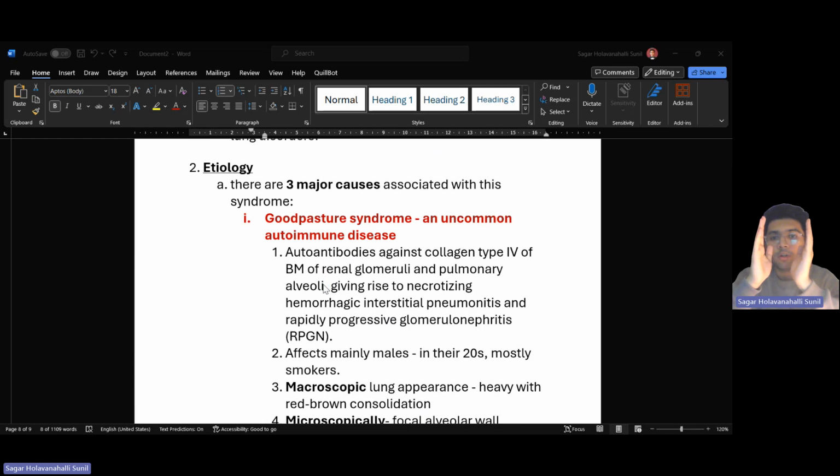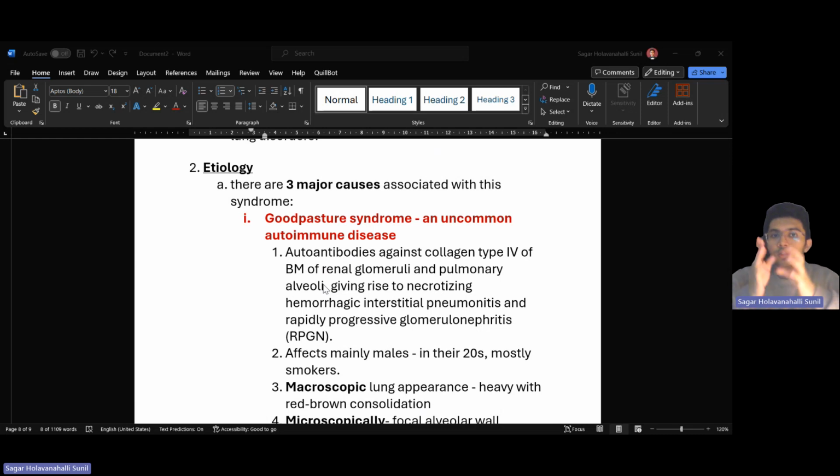So when you have autoantibodies against this collagen type 4, these antibodies are going to bind to this collagen type 4. And obviously, the immune cells are going to recognize these antibodies. You have the cytotoxic T cells, CD8 cells, NK cells, neutrophils, complement system, etc., which are going to attack the collagen type 4, because the collagen type 4 is marked by these autoantibodies.